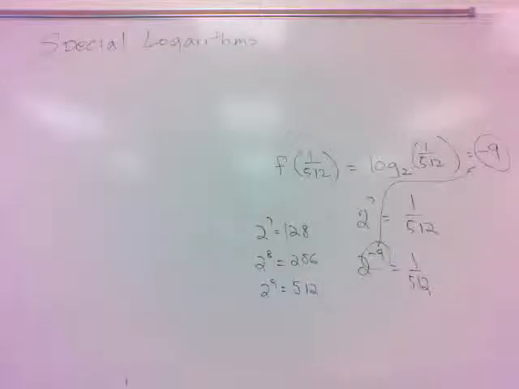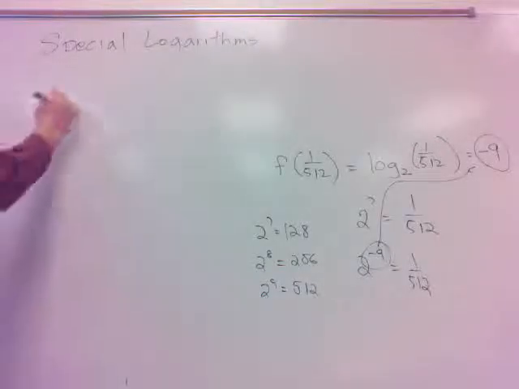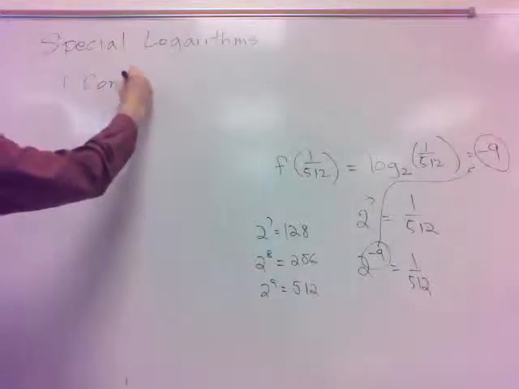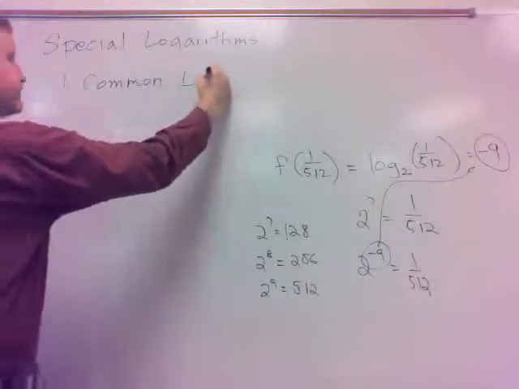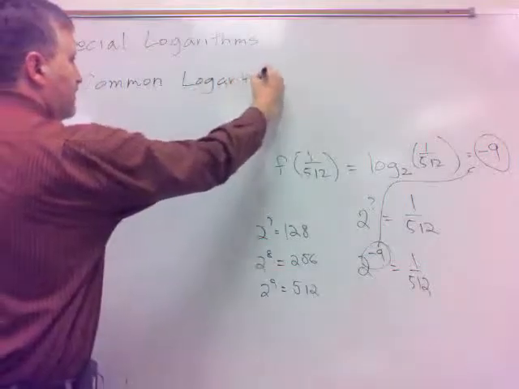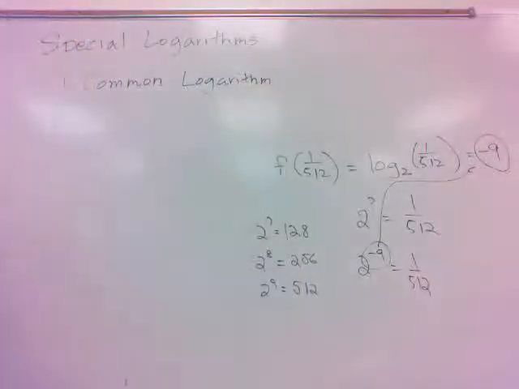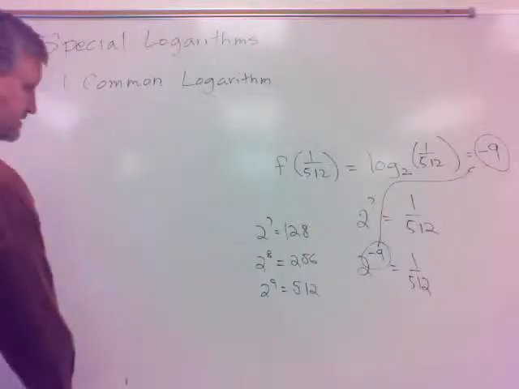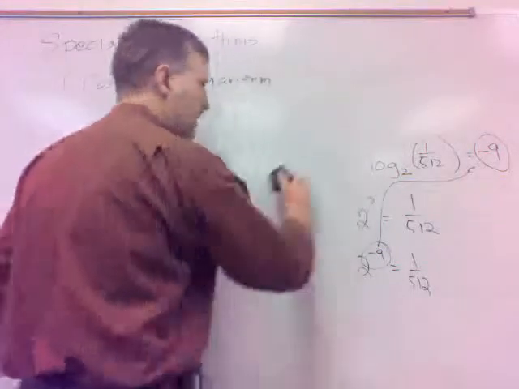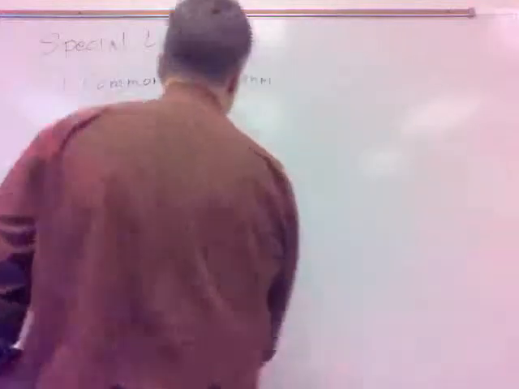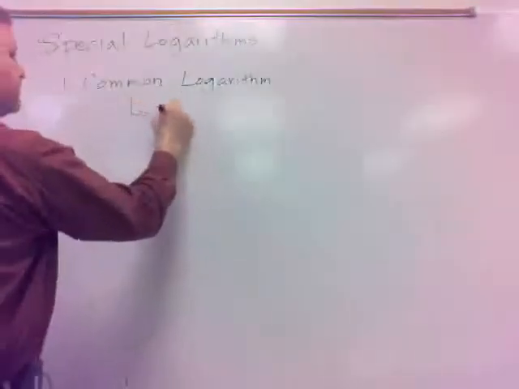One way to put it. And so they're given their own special notation. First one's called the common logarithm. Logarithms can have any positive number base, besides 1. Well, the common logarithm is specifically the logarithm base 10.